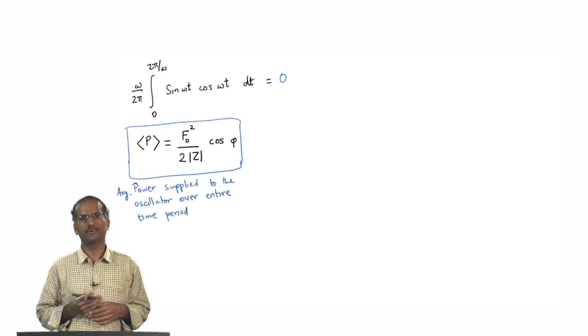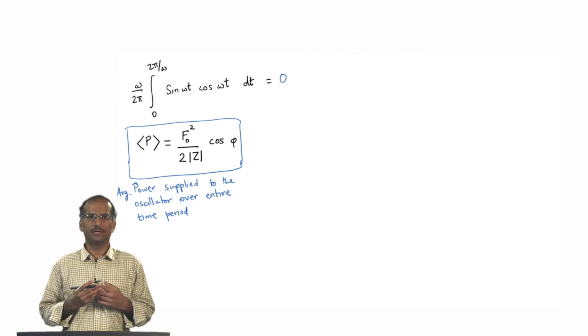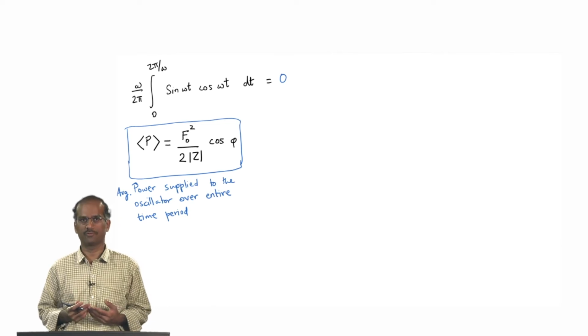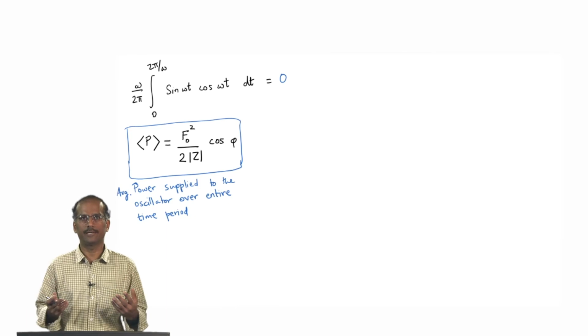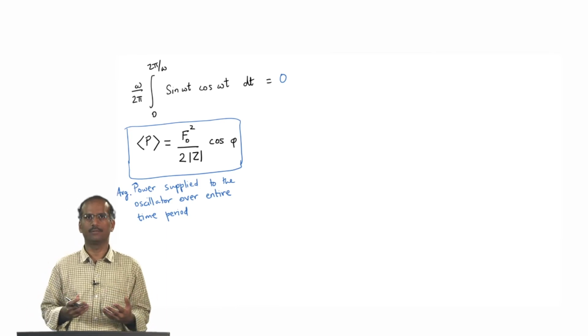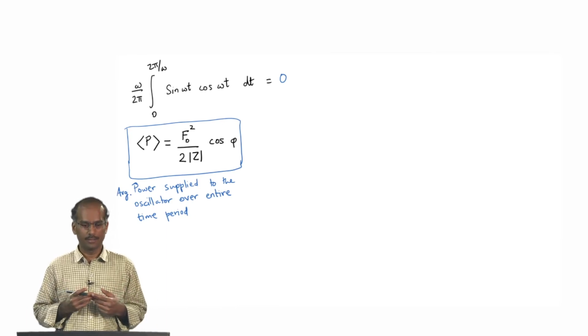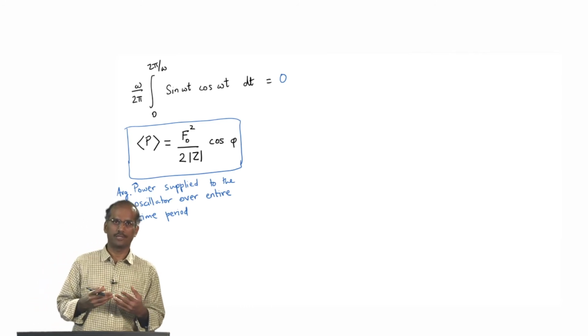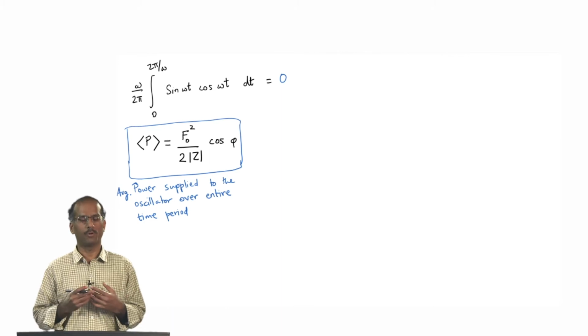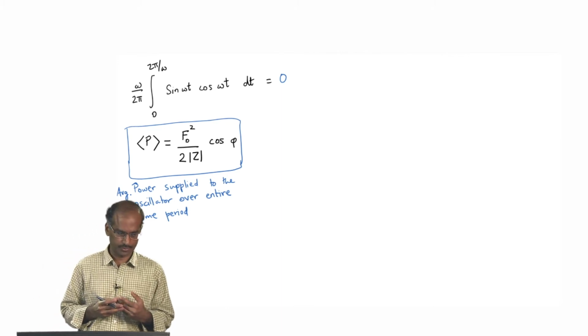So, now we could ask the question, how much of the power is used up in overcoming the frictional force? Again, we will average it over an entire time period or an entire cycle. So, we are more interested in what is the average power that the oscillator uses up in overcoming the frictional force.